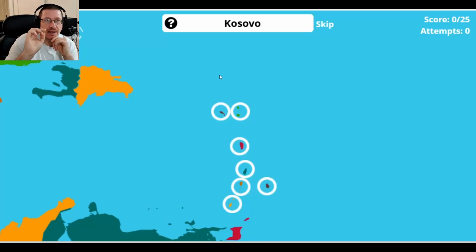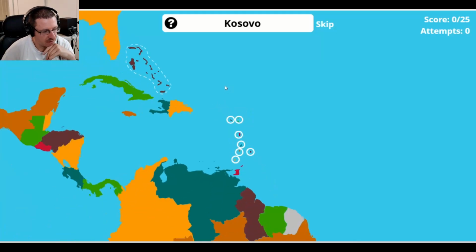One is spelled Martin, and the other one is Maarten. The top is owned by France, and the other is owned by the Netherlands. So St. Eustatius, St. Bartholomew. I think that's about it, as far as I can remember, for the Caribbean.